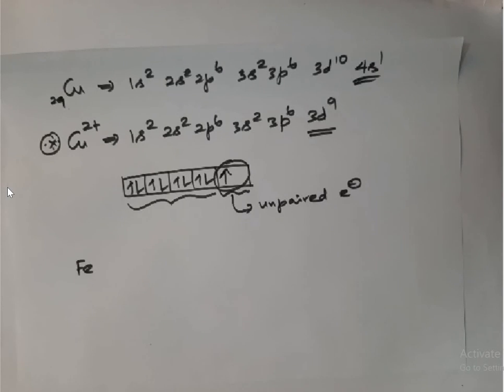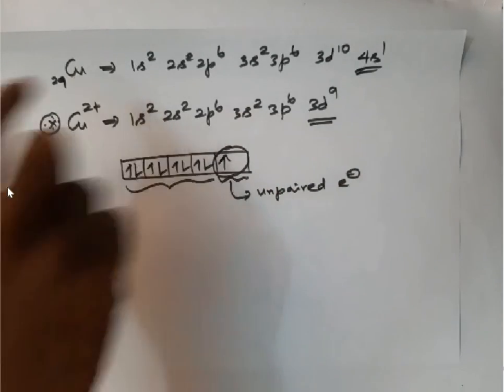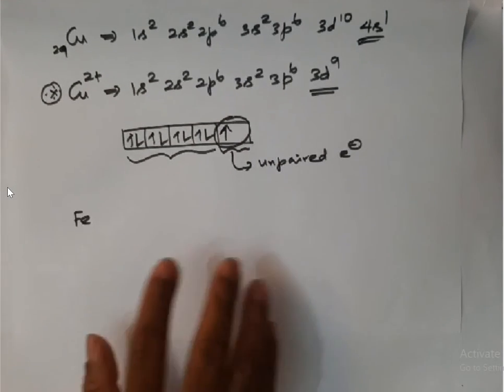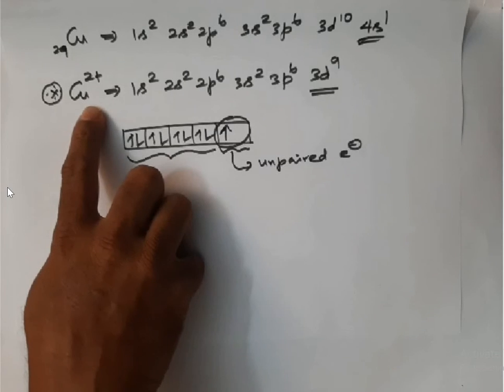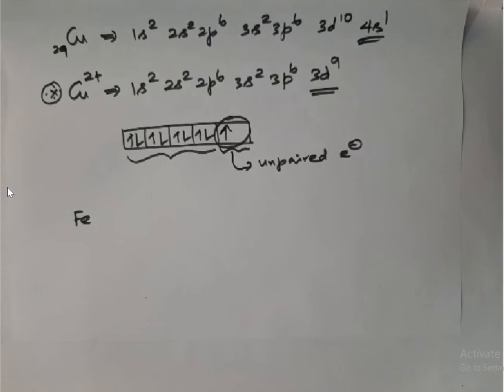This free electron gas has different behavior. It does not act as an unpaired paramagnetic substance. That's the point. It will act in an entirely different manner. I will discuss that later. Why we are not choosing copper here, we will discuss. Copper 2 plus has one unpaired electron, so it acts as a paramagnetic substance.